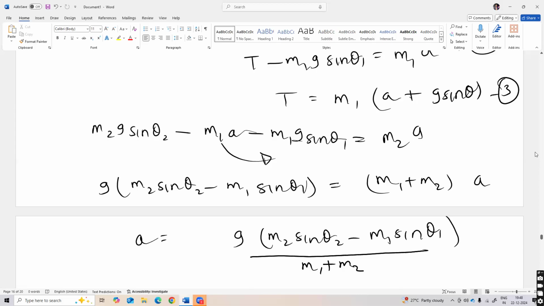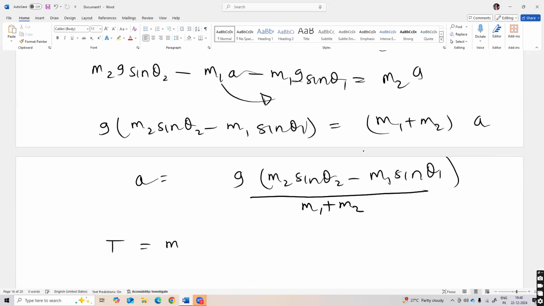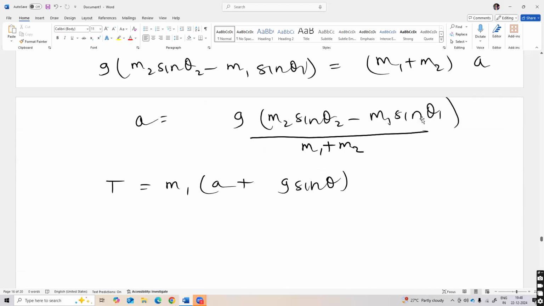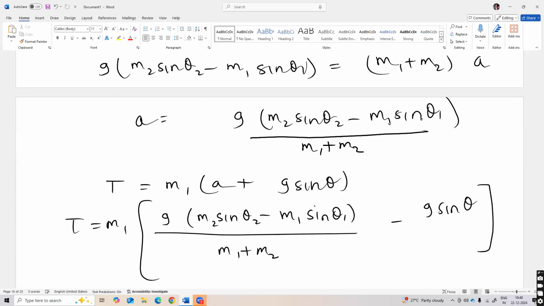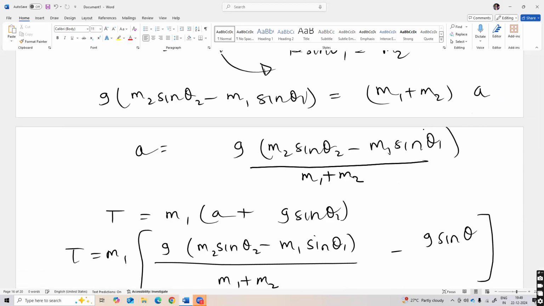Now if you put this value of acceleration into equation number 3, we get T is equal to m1 times a plus g sine theta 1. Putting in the value of a, T is equal to m1 into the big bracket of g times m2 sine theta 2 minus m1 sine theta 1 divided by m1 plus m2, minus g sine theta 1.